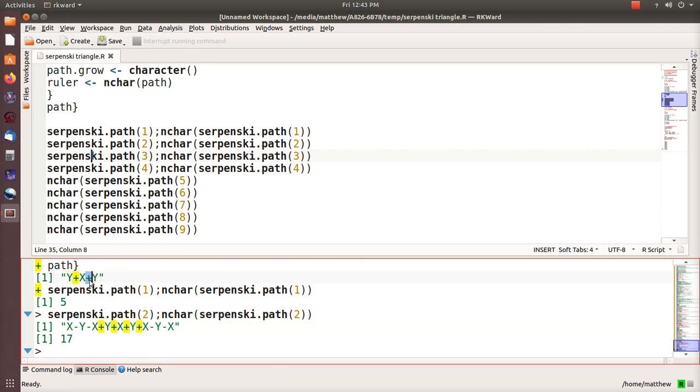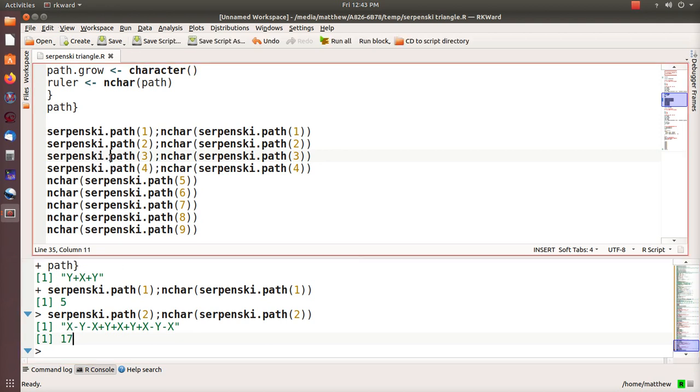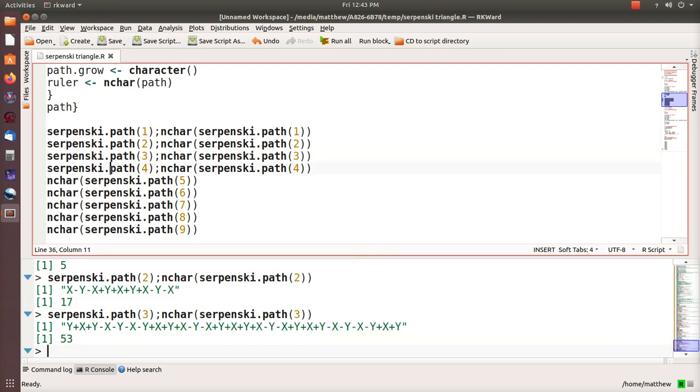Then this x comes down, and then the next y we replace with x minus y minus x. And there's 17 characters. And then if we want to go a depth of 3, then we're going to replace each of these x's and y's with the respective pattern. And then it's this. And so each of these x's and y's have been replaced with their respective patterns.